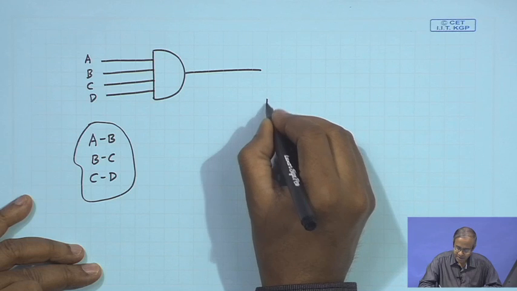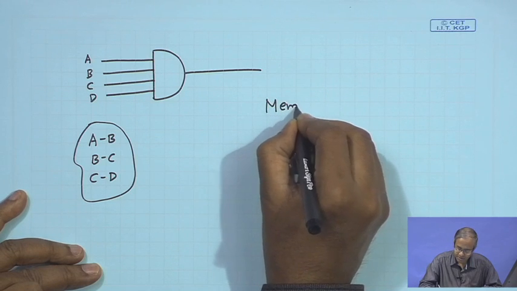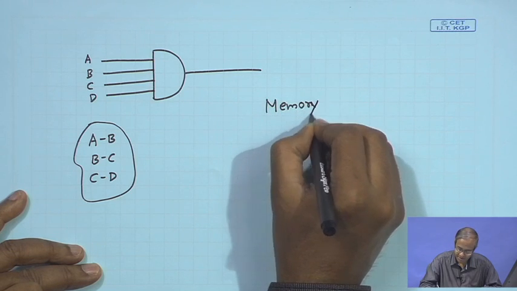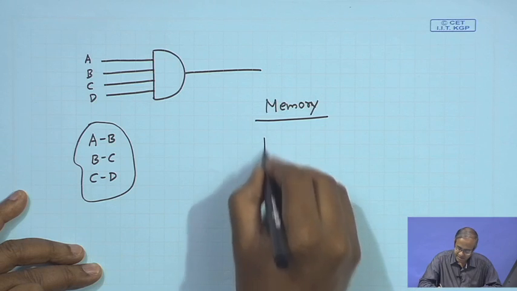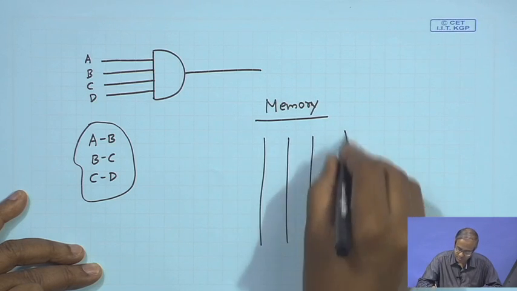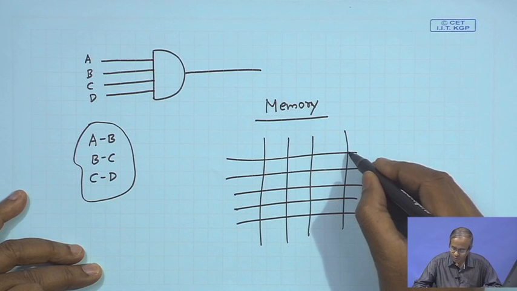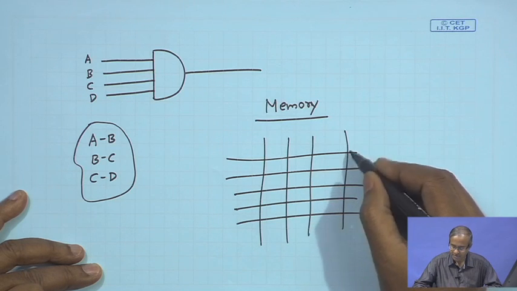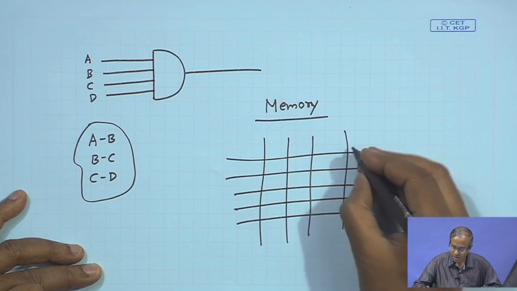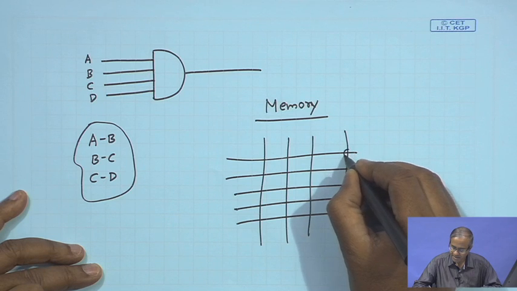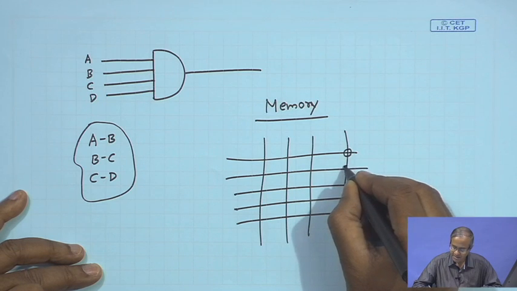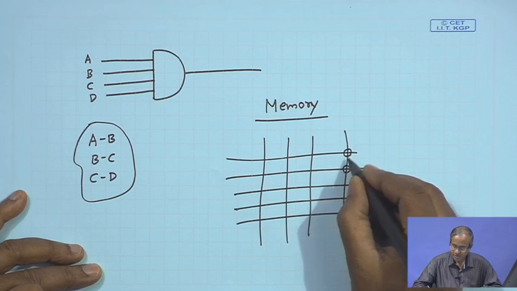Similarly, in memory, of course, here we shall not be considering memory testing, but let me tell you, in memory the cells are arranged in rows and columns, very dense rows and columns. If we know which memory cells are near to each other, there is something called coupling fault. If you write something into a memory cell, the neighboring cell might get affected. So, you know which are the neighboring cells.